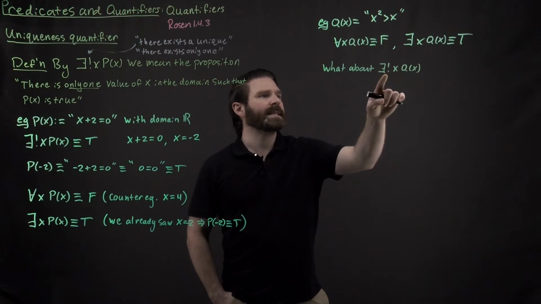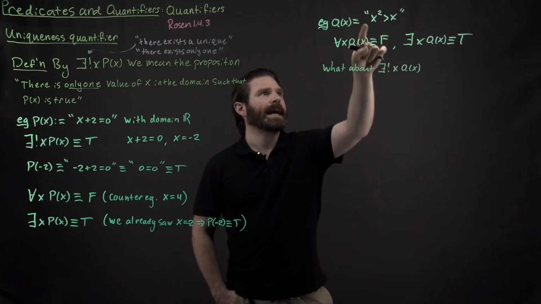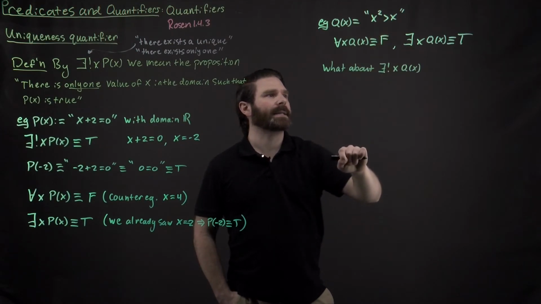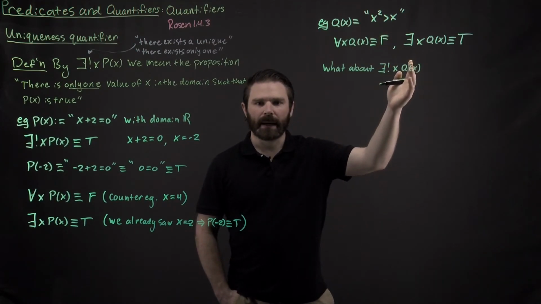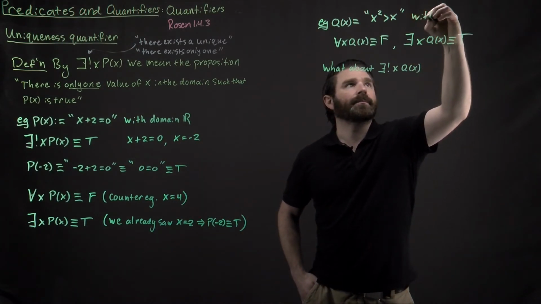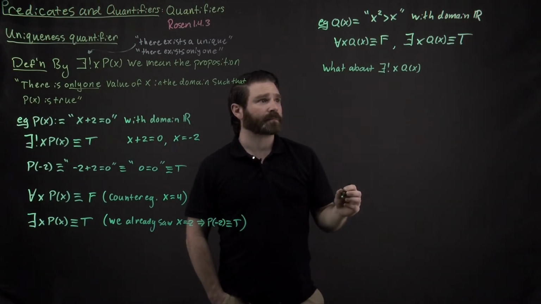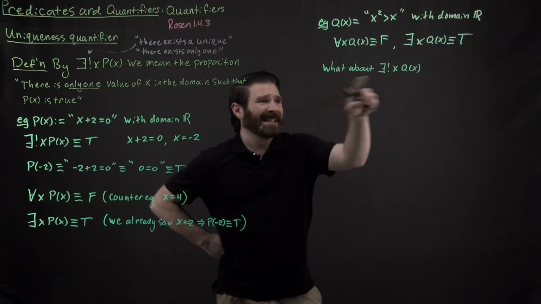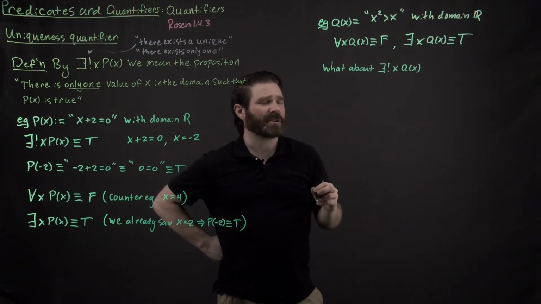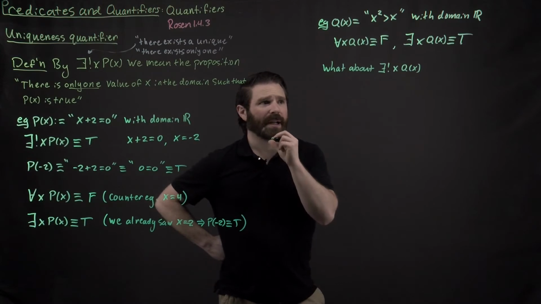What about there exists a unique real number such that x squared is greater than x? So here again, in my context, I'm assuming that my domain is all real numbers. Well, to try to show that this thing is either true or false, I have an inkling that this thing is going to be false right here.